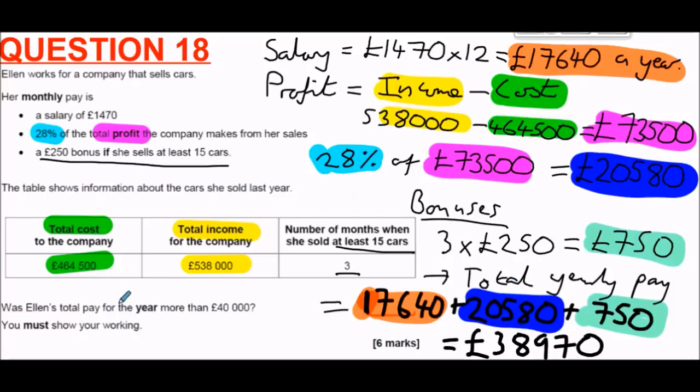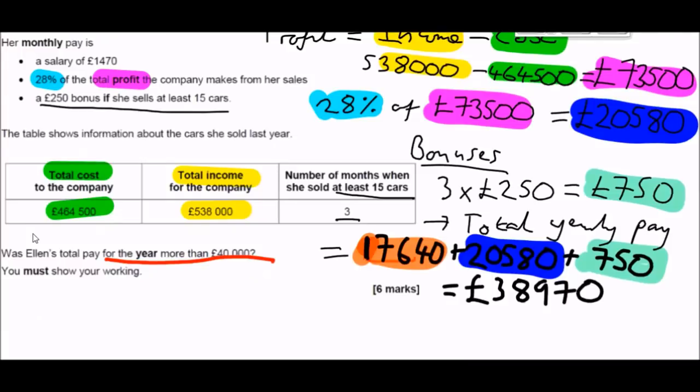So the question is, was Ellen's pay for the year more than £40,000? So is this pay here more than £40,000? You need to conclude, ultimately it's a yes or no answer, and the answer is going to be no. 38,970 isn't more than 40,000, and so the final answer is to say no, it wasn't.